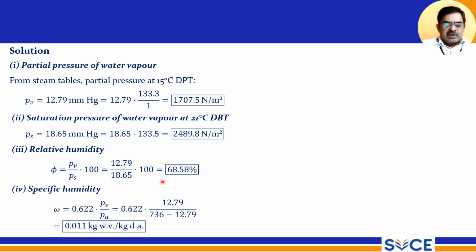Specific humidity omega is equal to 0.622 PV by PA, that is equal to 0.622 into 12.79 divided by 736 minus 12.79. So that is equal to 0.011 kg of water vapor per kg of dry air.